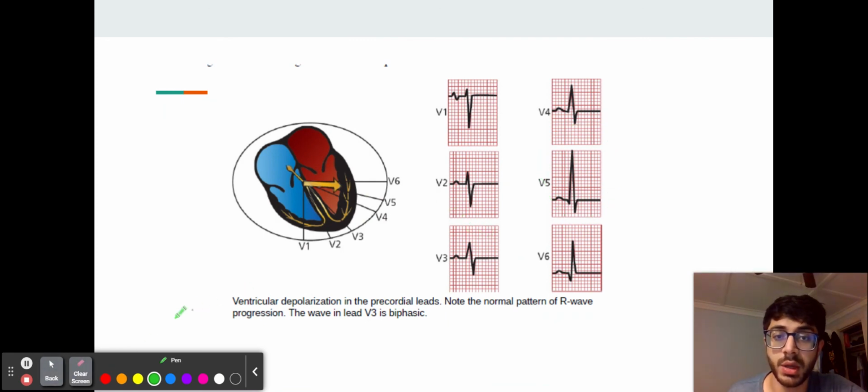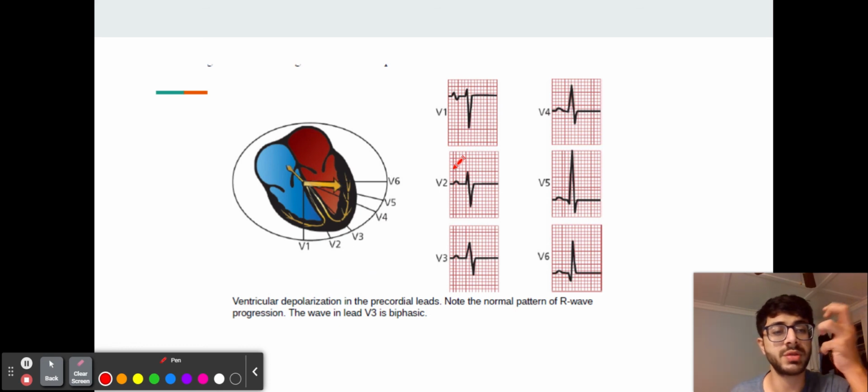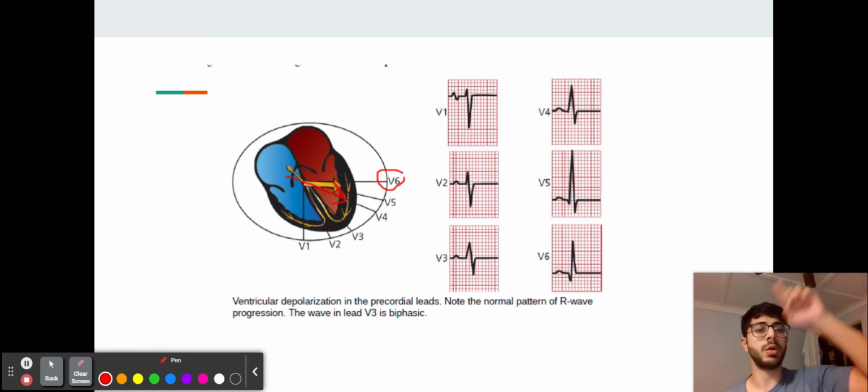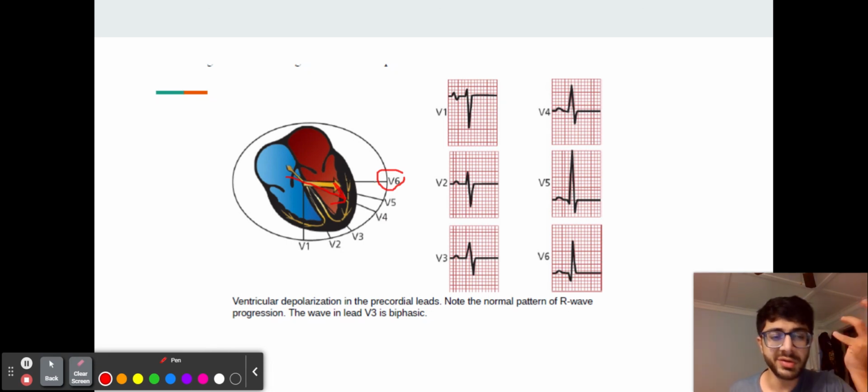Okay, so moving on. A similar idea applies as we talk about the strength of the QRS complexes. Look at V6. All the electricity is kind of coming towards V6, so V6 should have a really tall R wave. Is any electricity going away from V6? Not really. So what should we expect? V6 is kind of where lead 1 was.